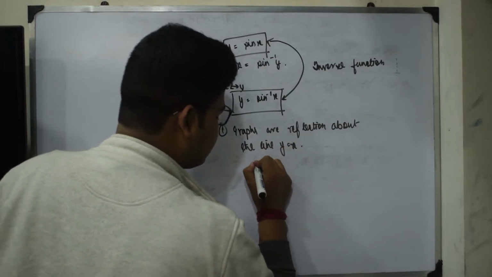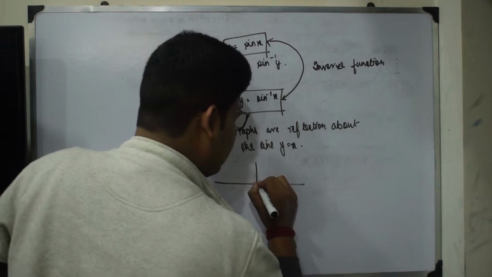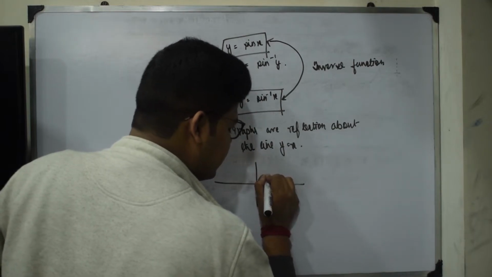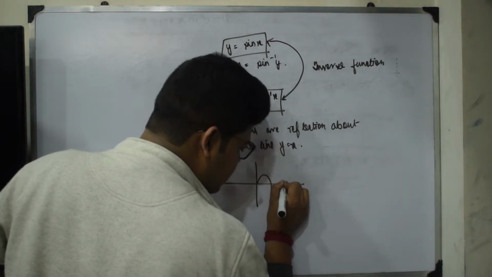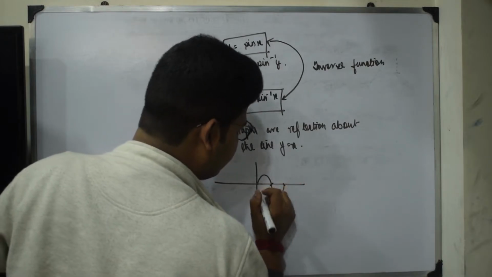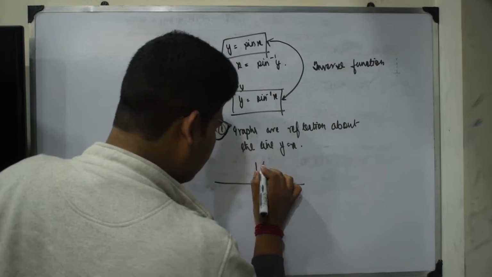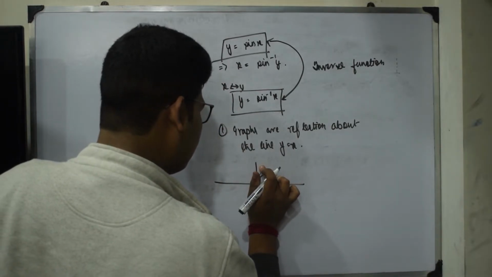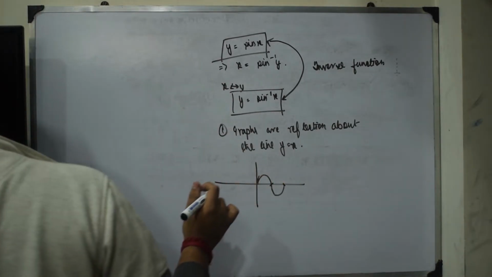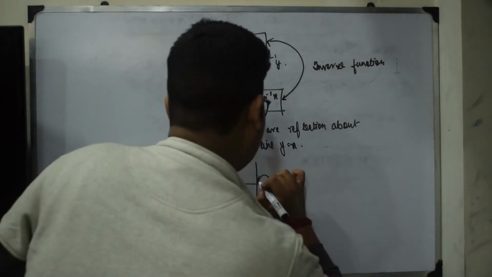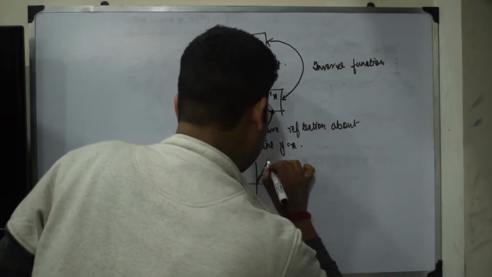For example, take sin x. The graph of sin x looks something like this from 0 to 2 pi. In 0 to 2 pi the sin x graph is like this.